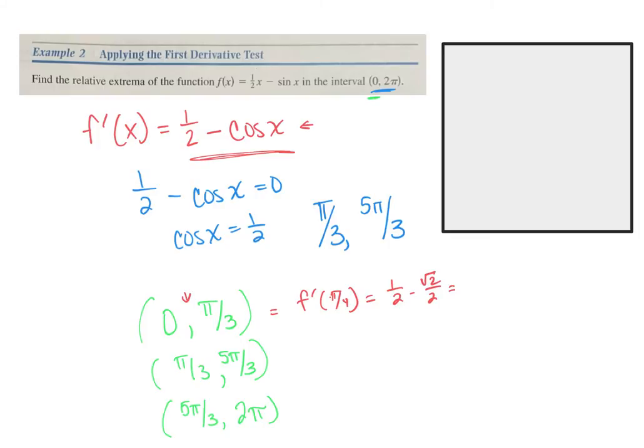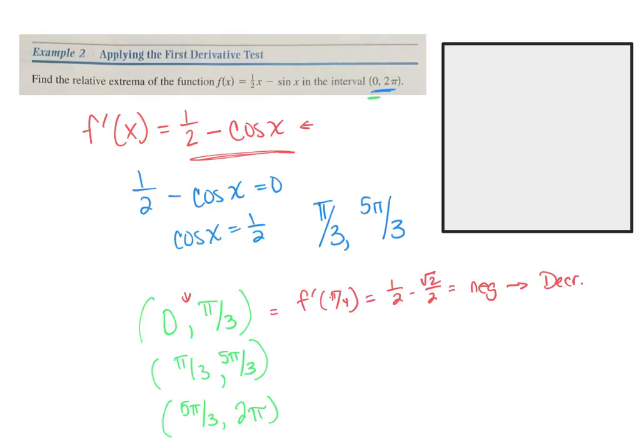Square root of 2 is bigger than 1, because the square root of 1 is 1 and the square root of 4 is 2, so somewhere in between is 1 point something. I just need to know it's negative, which means this is decreasing on this interval.